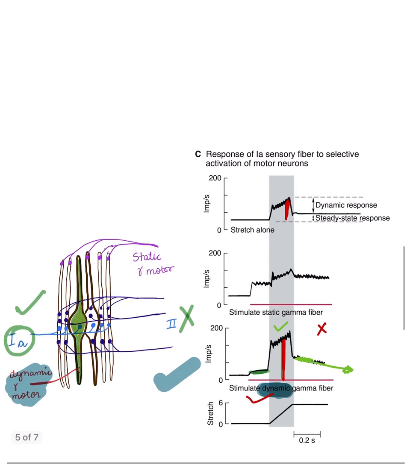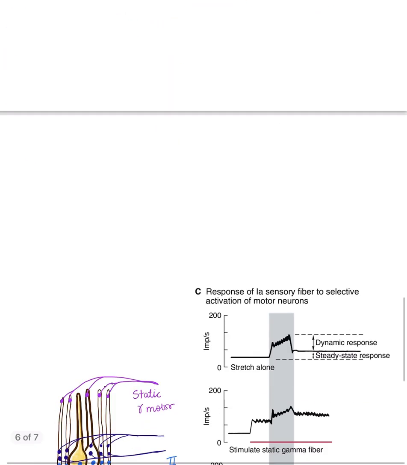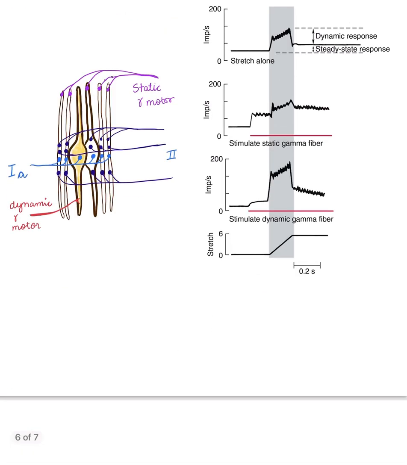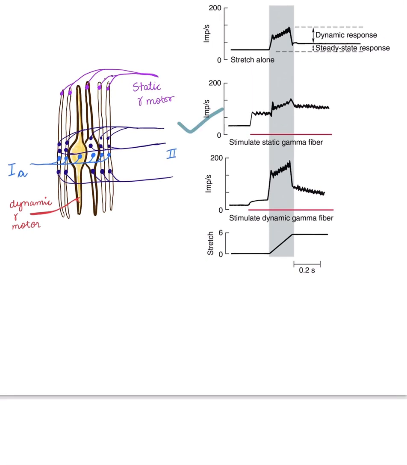Now we'll see this graph. What is this graph showing? We are here stimulating the static gamma fiber. Static gamma motor neuron fiber is this fiber.